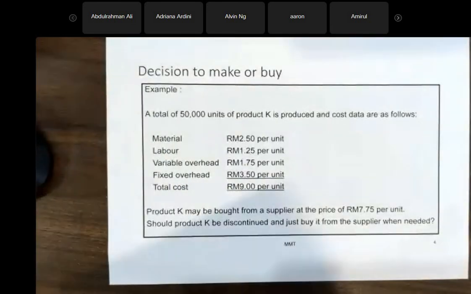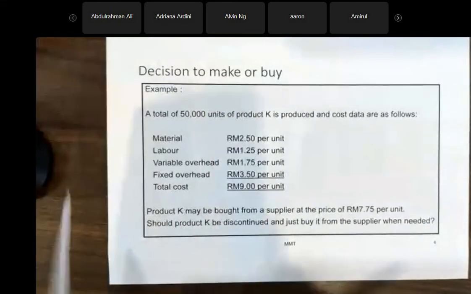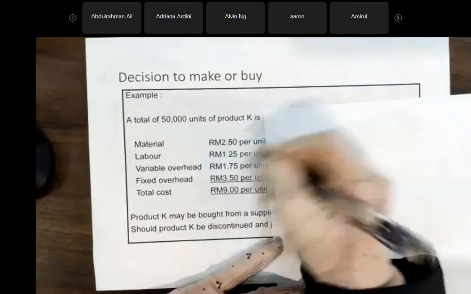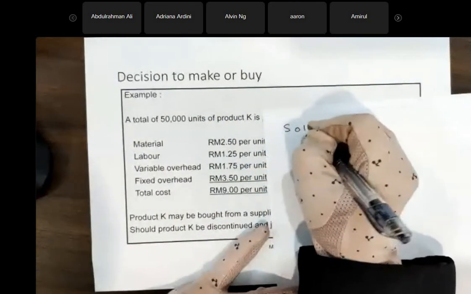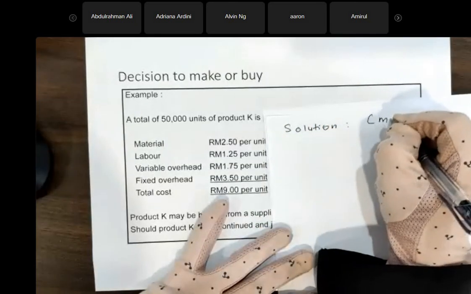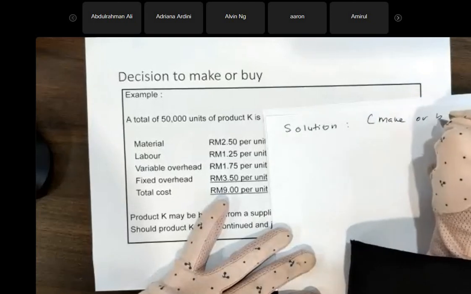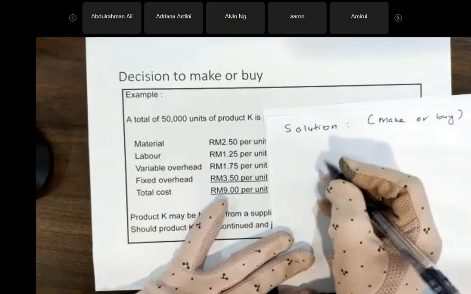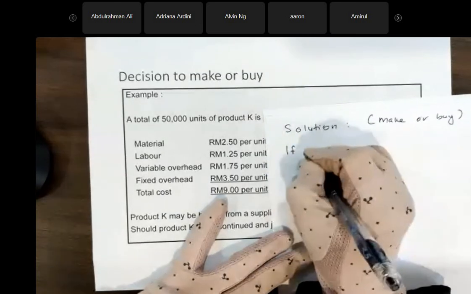Okay, this one. Okay, still you use this number juga make or buy. Ni solution for make or buy tadi. Okay, if you produce first, you look at if you produce.